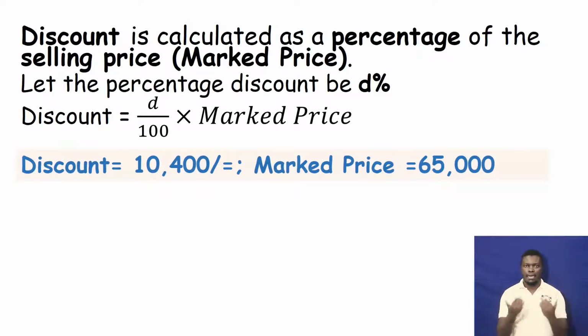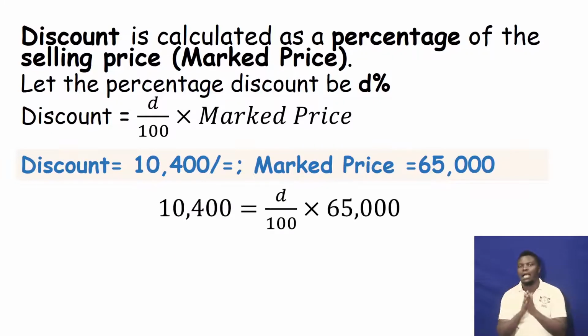So we substitute for the values that we have, substitute for the discount and substitute for the marked price. As shown on your screen, our discount is 10,400 and our marked price is 65,000.